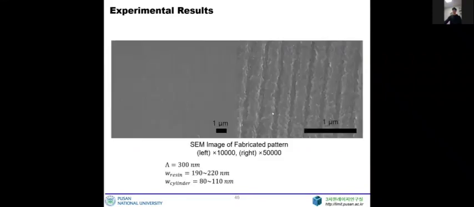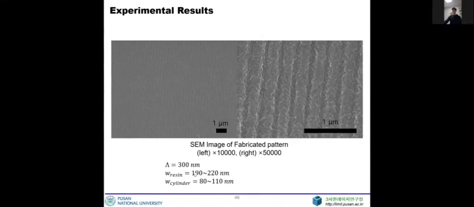Also, I observed the surface of the mold using a UV curable replica and SEM. As the result, a line pattern with 300 nanometer pitch was observed.